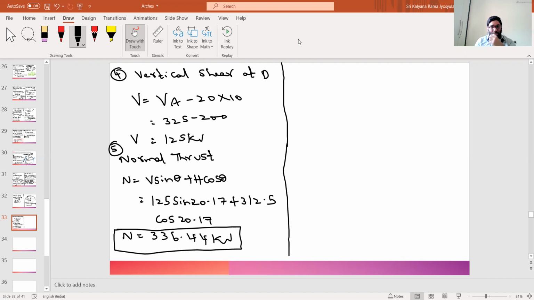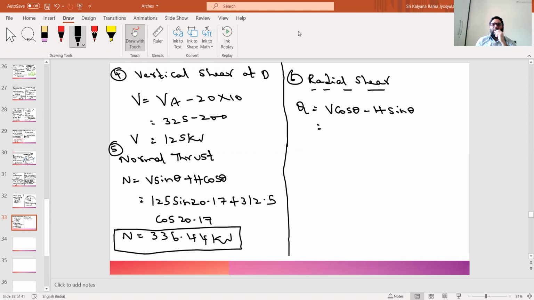And what is the last step? Radial shear. Let us name it as Q, because we have already used R as the radius of the circle. So this is V cos theta minus H sin theta.